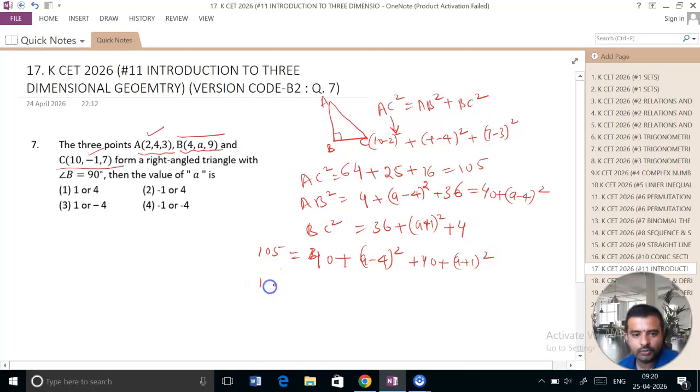So it becomes 105 minus 80 is equal to a square plus 16 minus 8a plus a square plus 1 plus 2a.